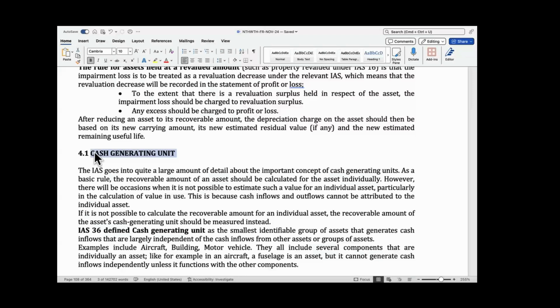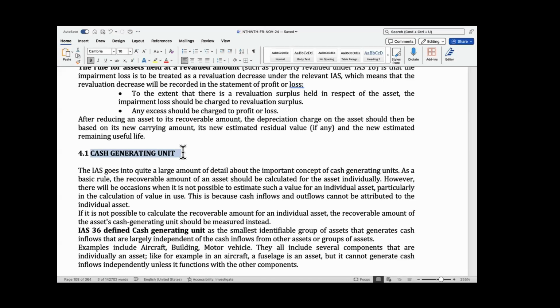So that is why the cash generating unit is coming up. The only solution is that instead of treating these assets individually, at least for the purpose of calculating their value in use or testing them for impairment, why don't you group them together? Assets that generate money together.